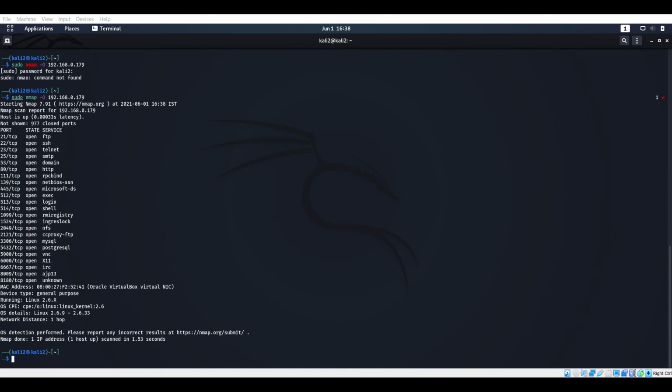Now, let's run some scripts. Nmap has a lot of scripts, but what I will do is run all the scripts together so that we have something visible to us.